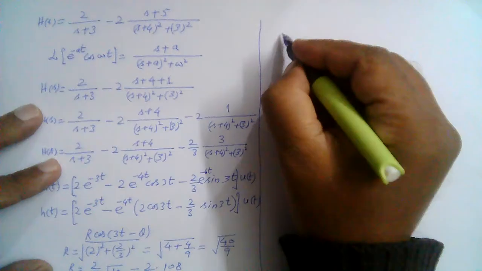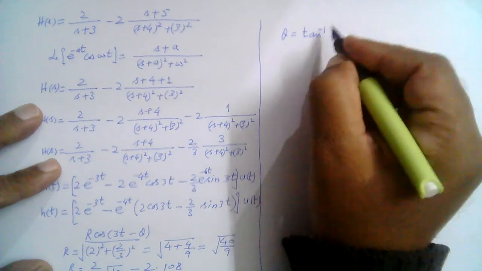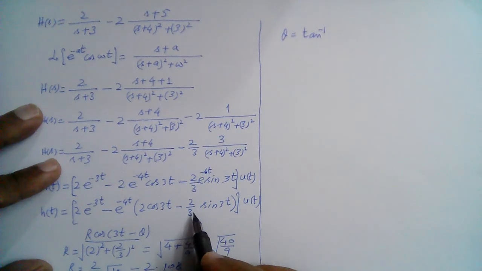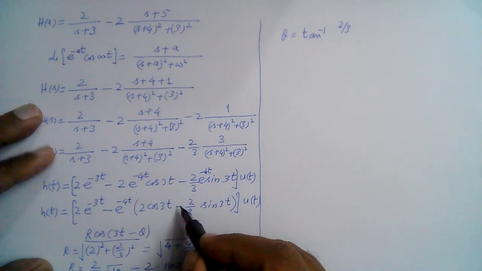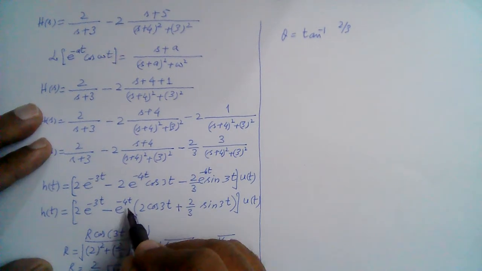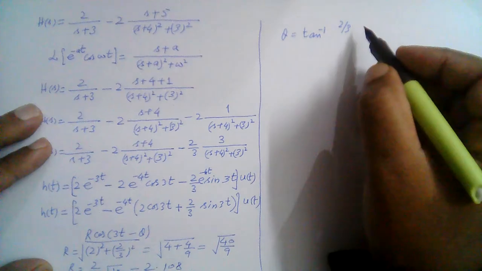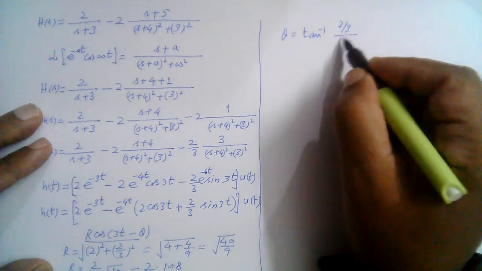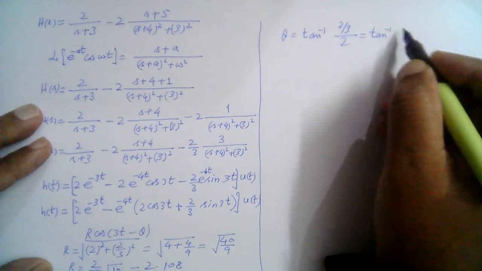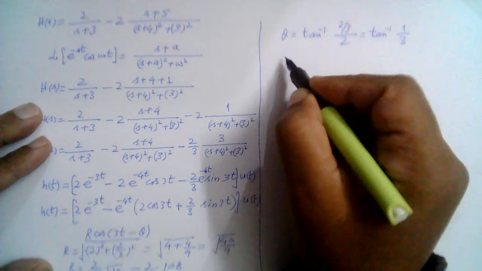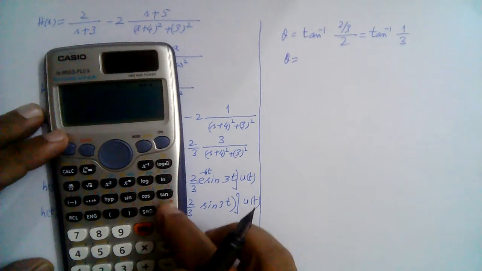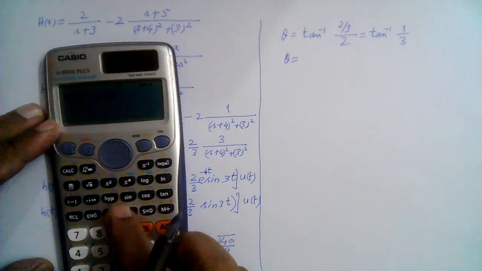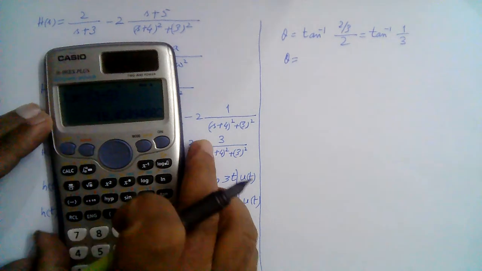And theta is equal to tan inverse 2 over 3 divided by 2, and this is plus sign here, right? We take the negative e raised power minus 4t common here, so 2 over 3 over 2, so we're left with tan inverse 1 over 3. So theta is tan inverse 1 divided by 3, so that is 18.43 degrees.